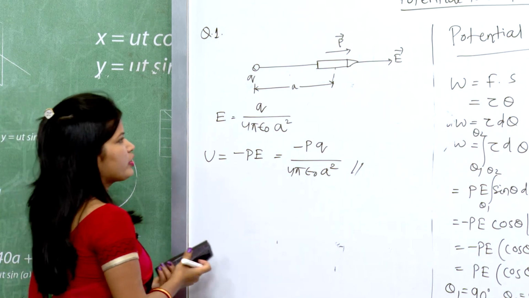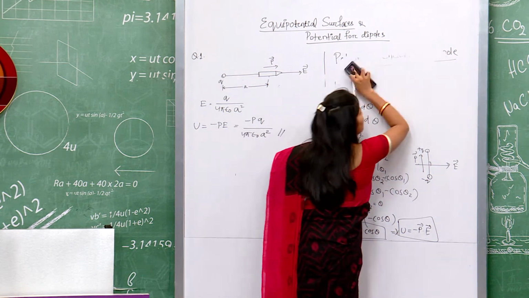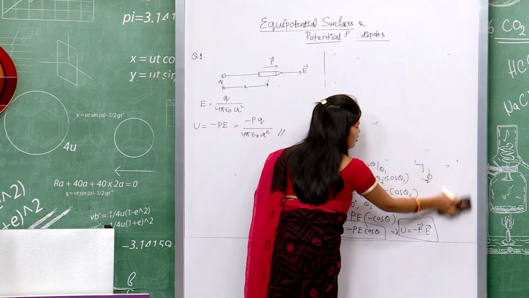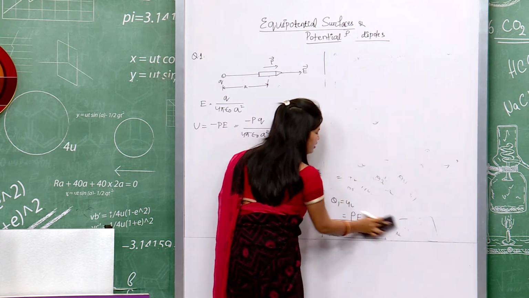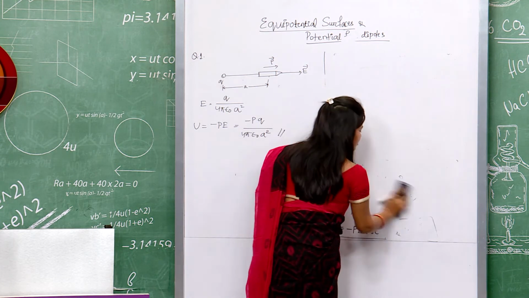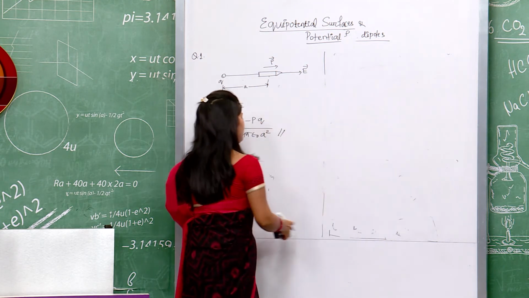Now, the second question. Suppose a short dipole and a point charge are placed on the x axis in the coordinate system.